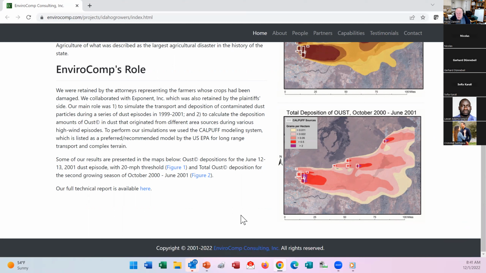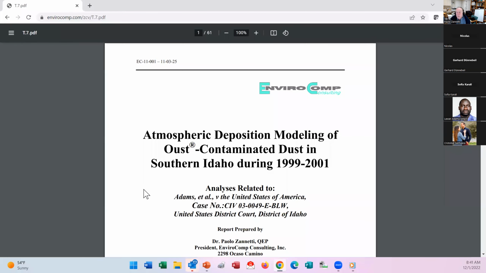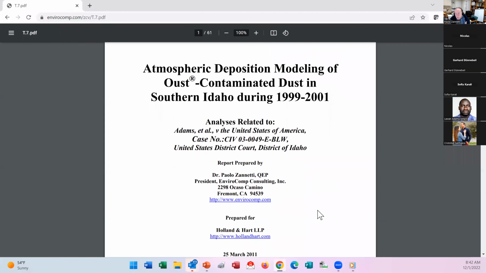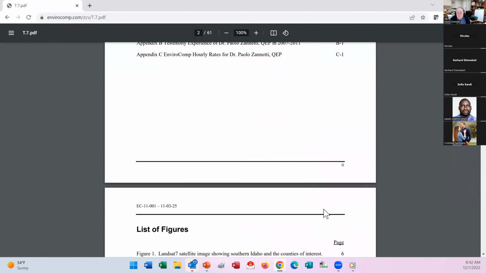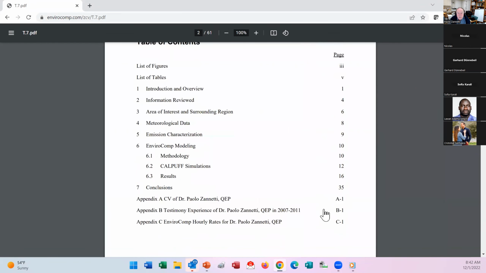In this case, too, the client allowed us to publish our report. So again, if you want to examine what we did and see the type of work that is typically done in this situation, which is more complex than the typical situation, you can give a quick look to my report. And let me see if there is anything else I want to say.